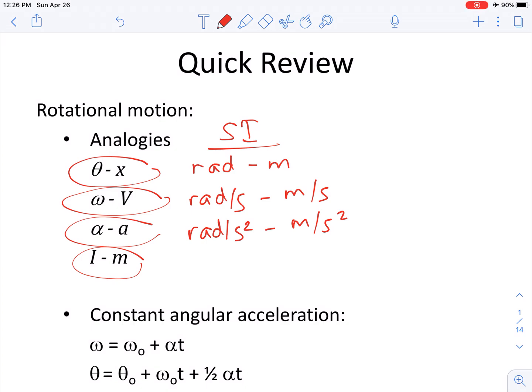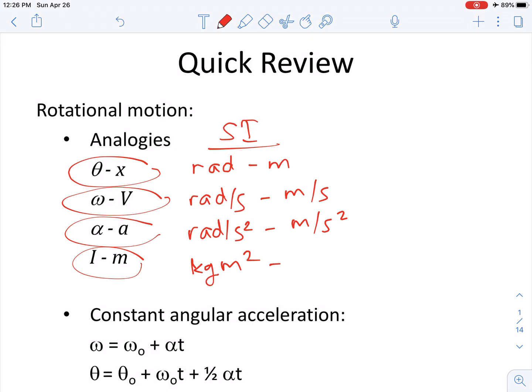This I is the moment of inertia. It's not the internal energy. Since it is mr squared, it has kilograms but also r squared, which is meters squared. You don't need to memorize this unit.